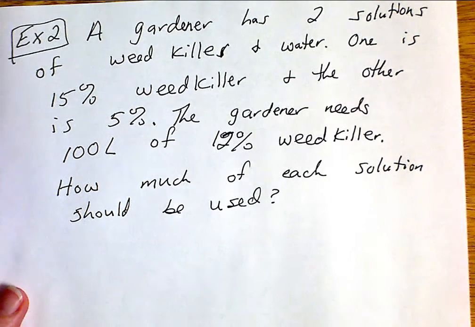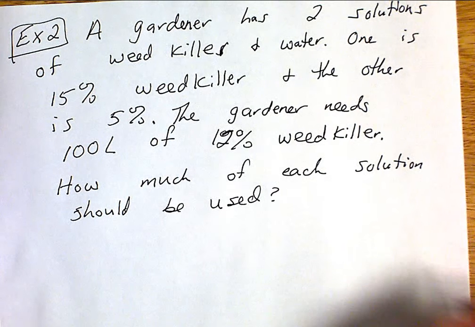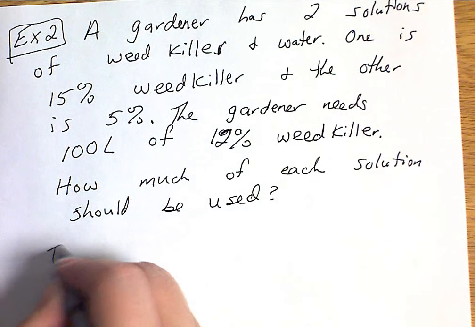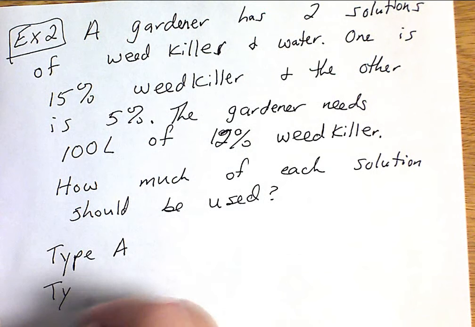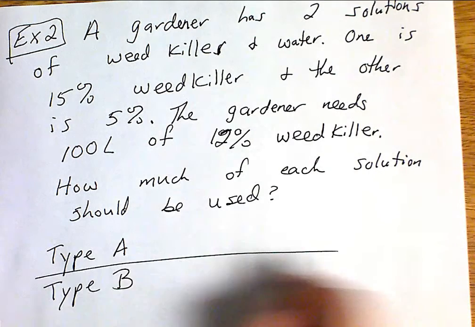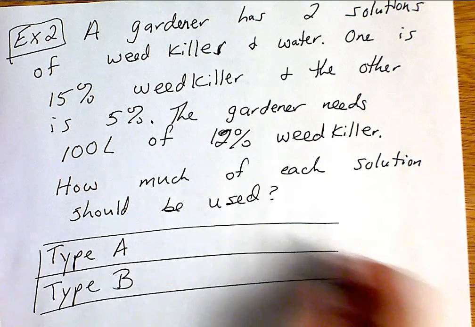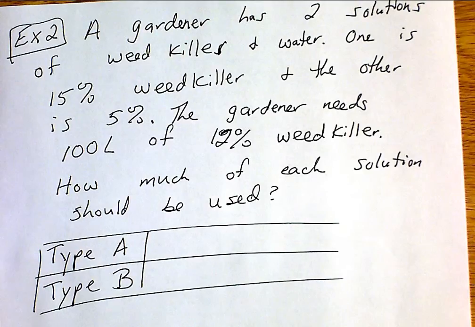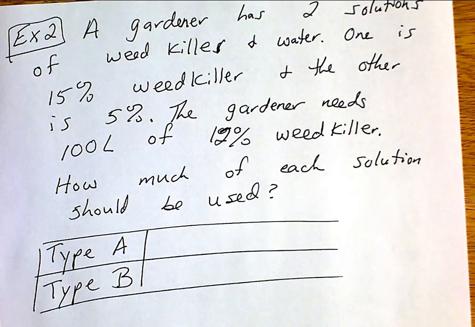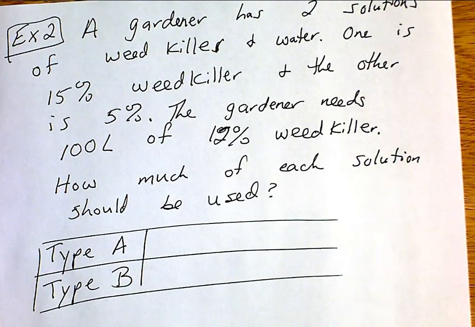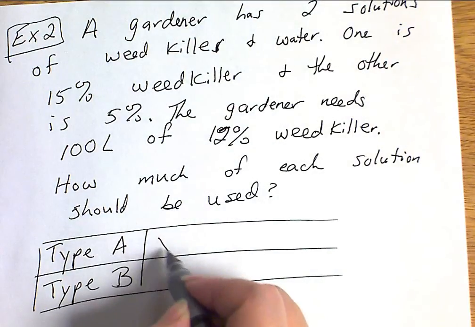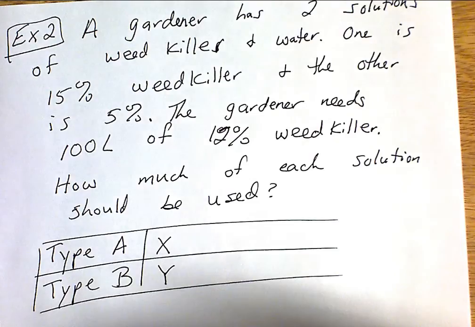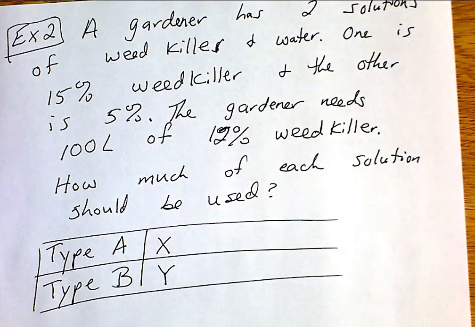Since we don't know the brand names, we're going to call one type A, and the next one will be type B. Now, because we need variables, we still need our variables. Just for the sake of it, just go X and Y. Just call the top one your X and the bottom your Y.